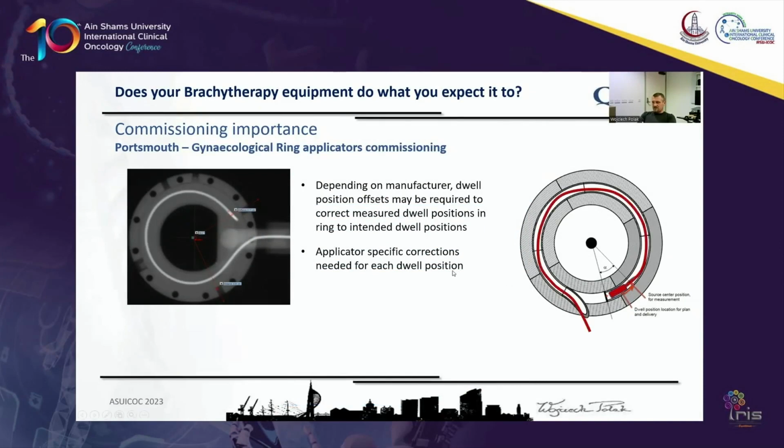So for example, when the source is fully sent to the first position, and then we want to retract it by 1 centimeter, we should have the source 1 centimeter behind the first position. And actually, when we do that, it's probably half a centimeter different. It's because the wire tension changed during the retraction of the source.